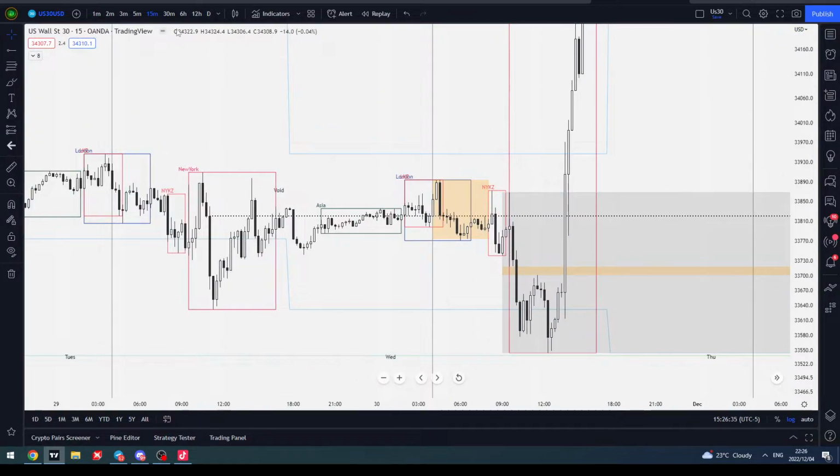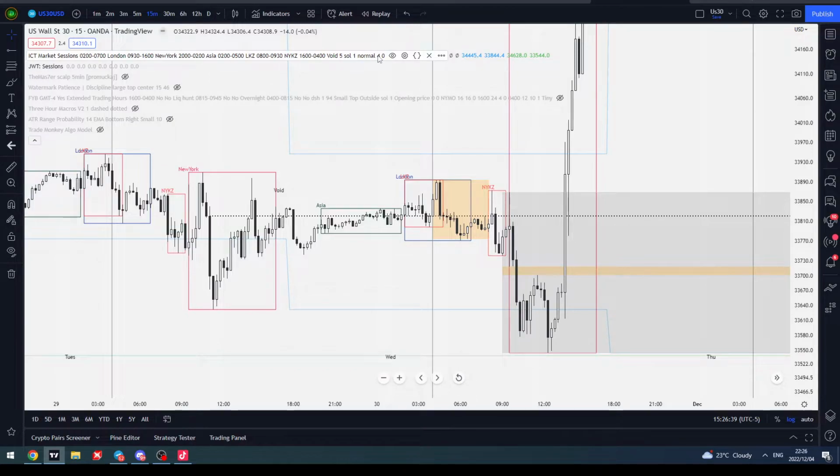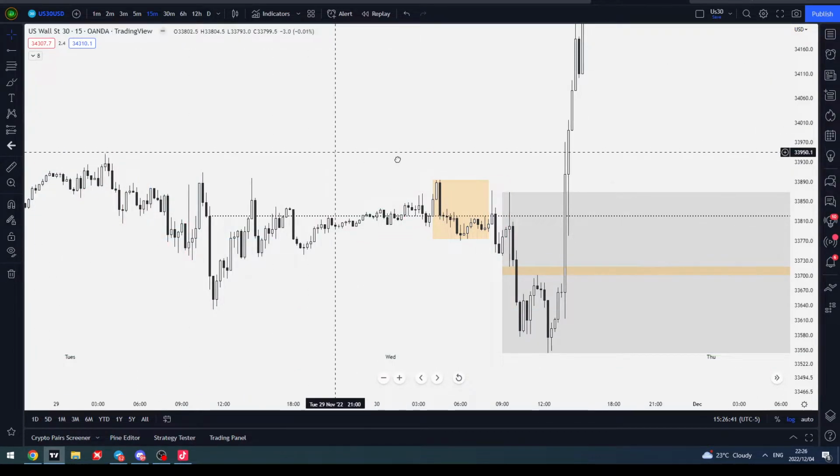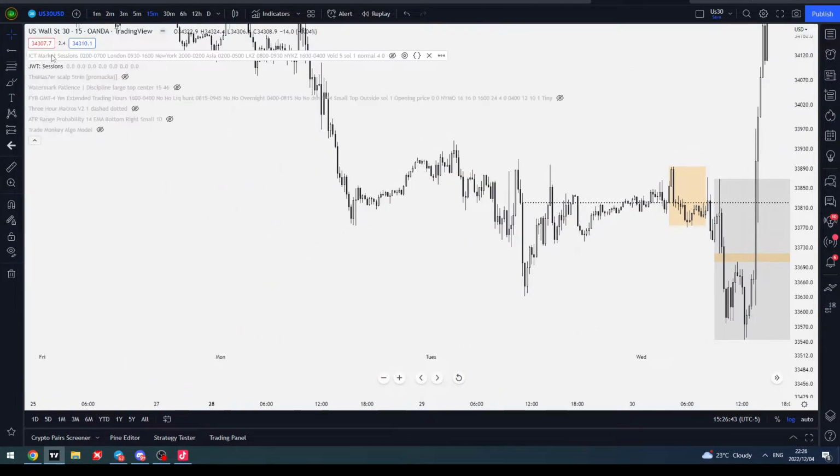Now, there's specific times in the day that you want to be trading.